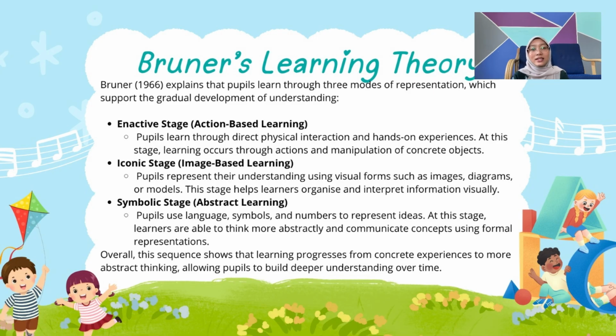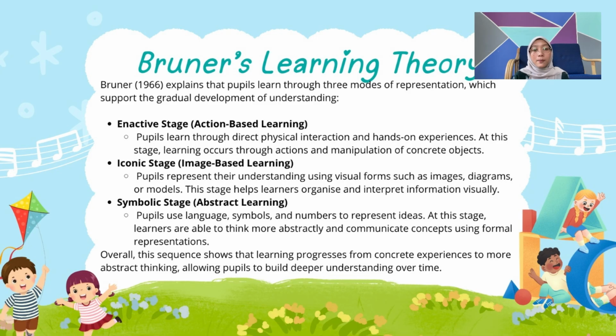Next is the iconic stage, where pupils use visual representations. For example, they record their measurements in a table. So, here they start to organize their understanding. This step is important because it helps pupils connect their action to visual understanding. Finally, the symbolic stage, where pupils use mathematical language and symbols.